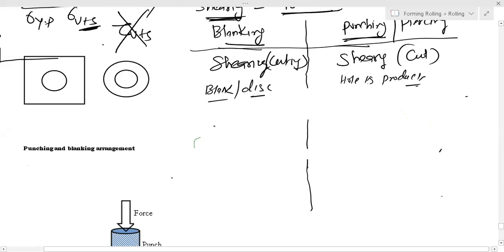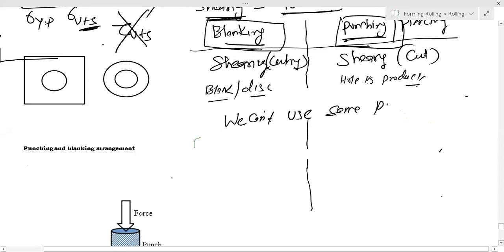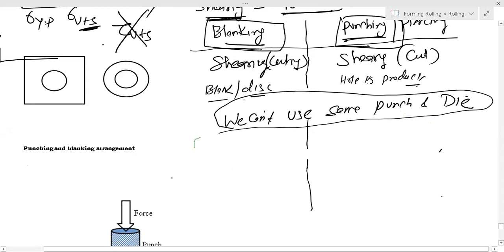So then other is, for blanking and for punching, we cannot use the same punch and die. Means you have a die and punch. So some people think that this same punch we can use for blanking operation and punching operation.